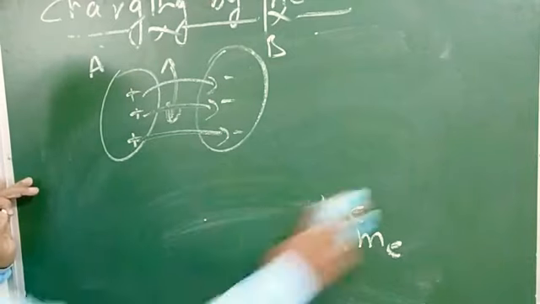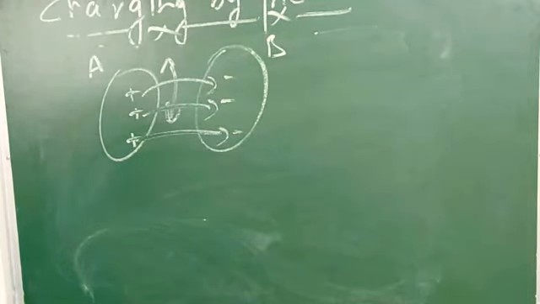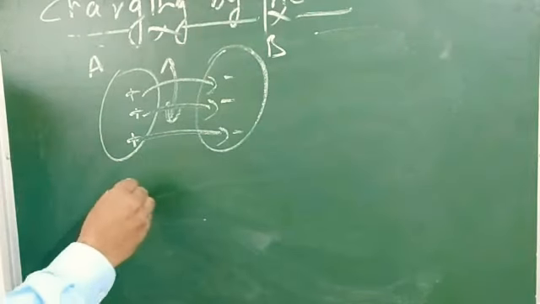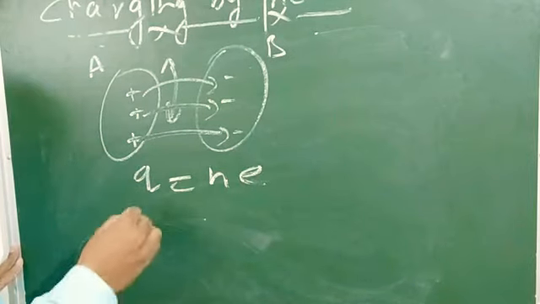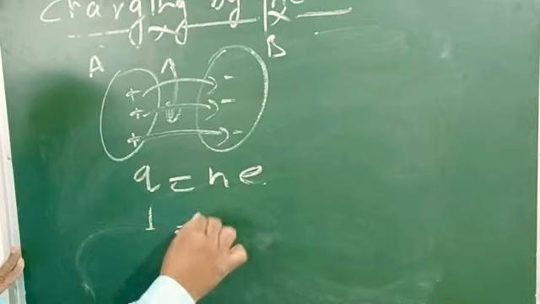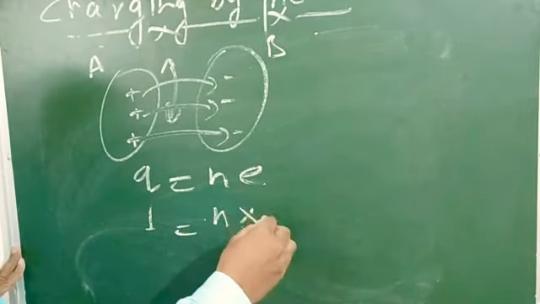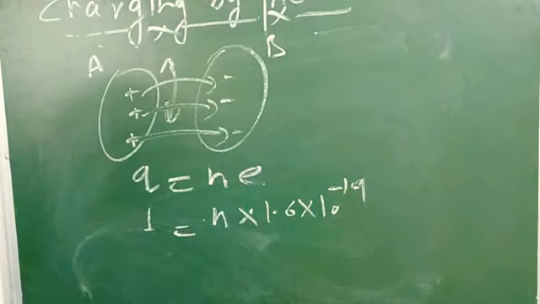Now we can find how many electrons have to be transferred from one body to another in order to develop a charge of 1 coulomb. See, Q = ne. Suppose we want to transfer a charge of 1 coulomb, then 1 = n × 1.6 × 10^-19.